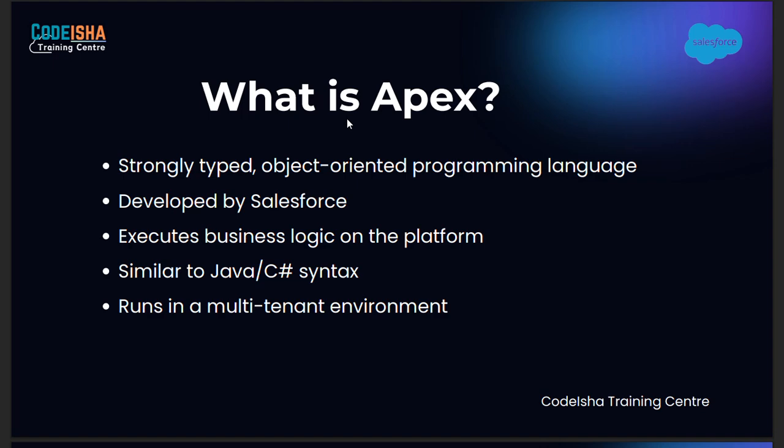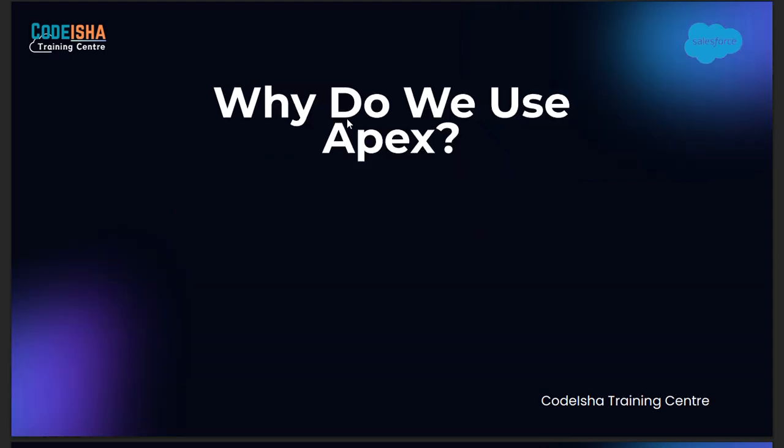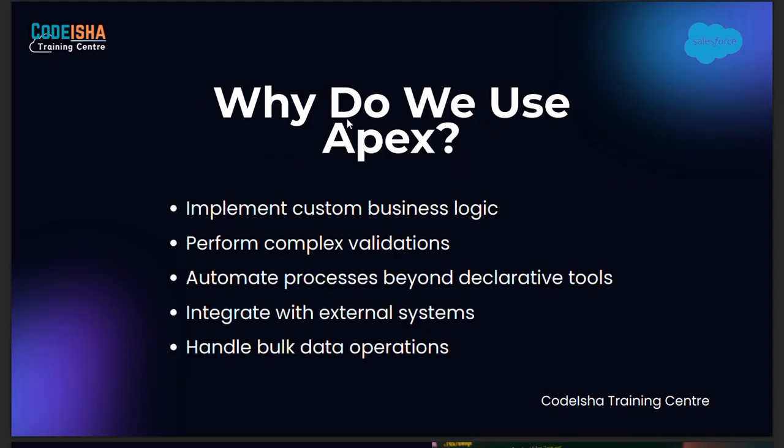Why do we use the Apex programming language? Basically, we use it to implement our custom business logic. It performs complex validations and processes beyond declarative tools. Whatever we are not satisfied with in automated processes like declarative tools, we can use Apex for.